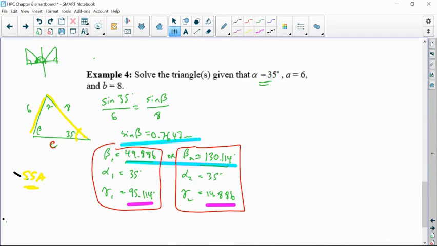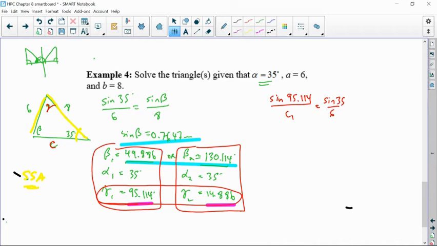Notice that side length C is opposite gamma, and there were two different gammas. So when I solve law of sines for C, I'm going to have two different equations. Sine of 95.114 divided by C, call it C1, is equal to sine of 35 over 6.